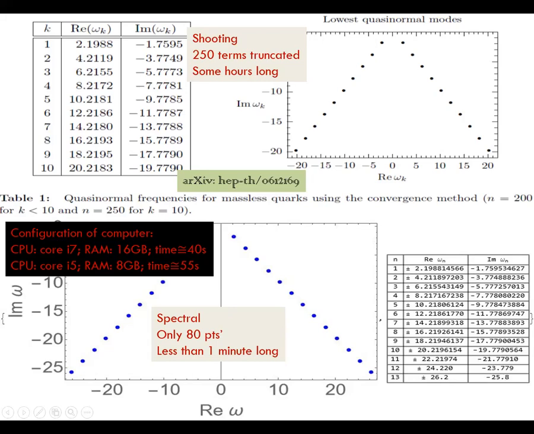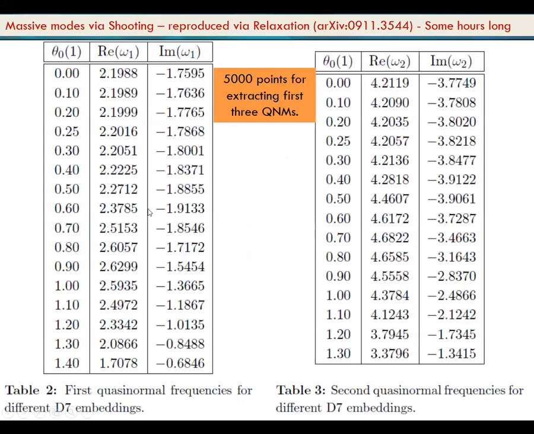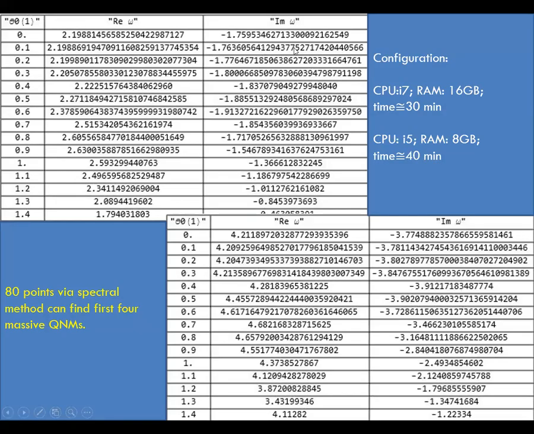And also some other results from this study were reproduced by the relaxation method in some hours to find these values, and with the spectral method, with this configuration in 30 to 40 minutes, I could extract the results with more accuracy.